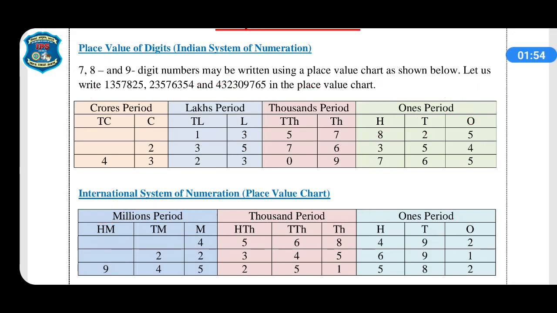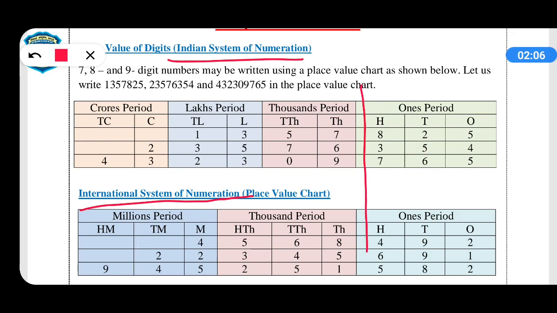So when you see these two tables, you can compare the Indian and international systems of numeration. The ones period is the same, thousand, then 10,000.